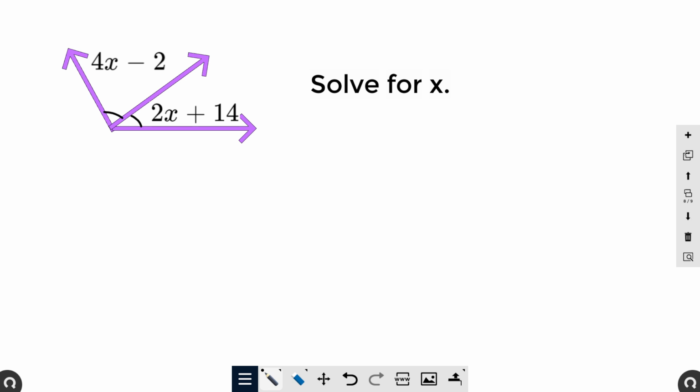Now this is the only picture that we have. We don't have any other information. It just says solve for x. What do you think we should do?